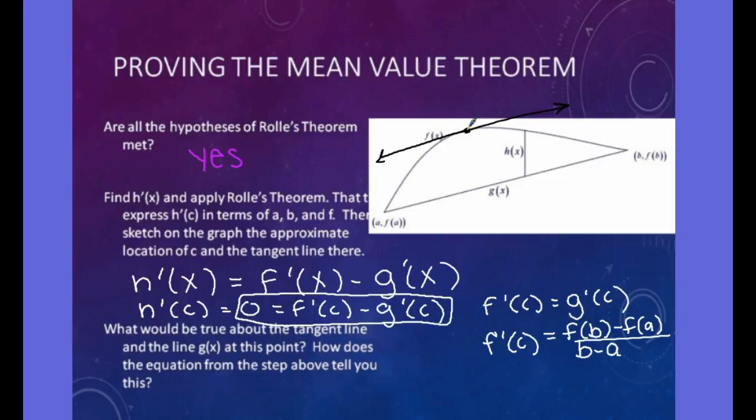Okay, so again, what would be true about the tangent line and the line g of x at this point? Exactly, they're parallel.